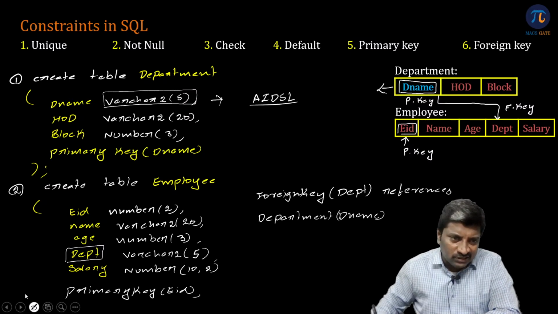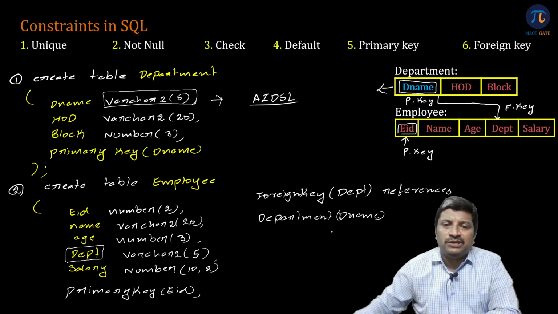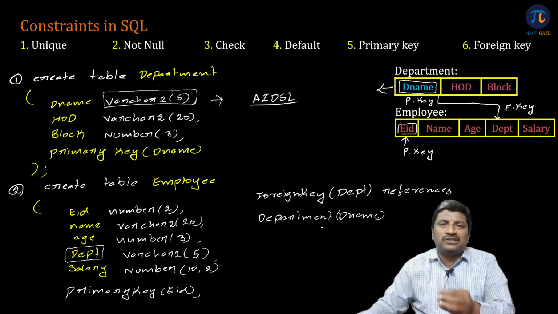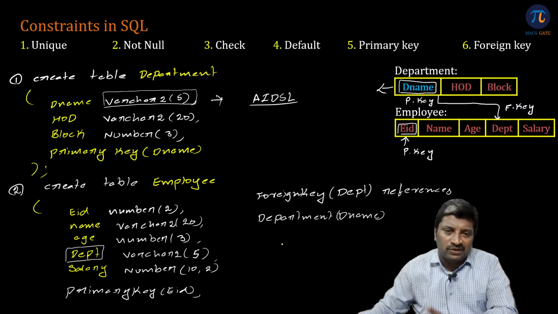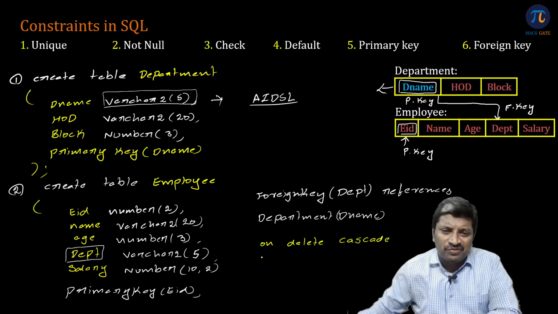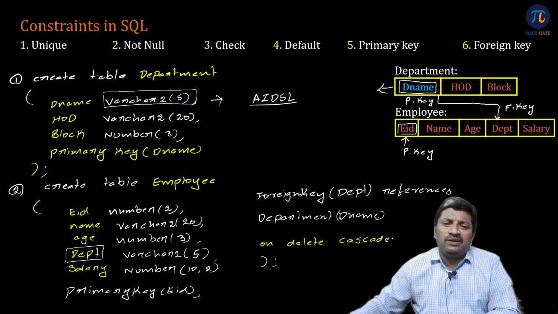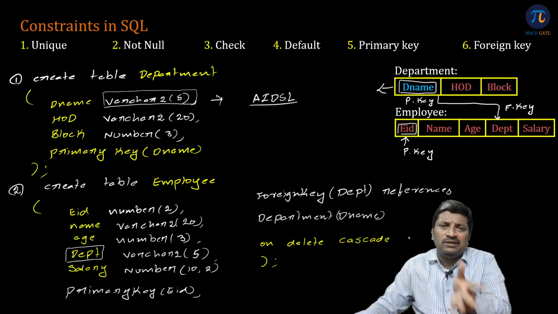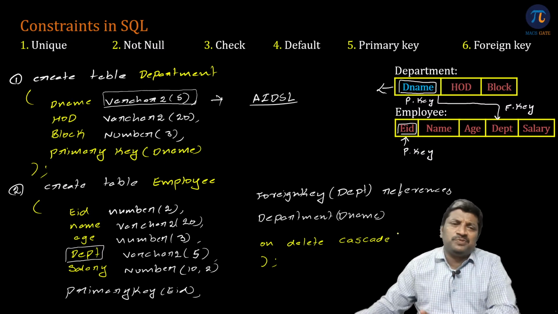When we were discussing relational constraints, I told you on delete cascade, on delete set null, like that, right? So you can specify here on delete cascade. That depends on our requirements, sir. You can specify on delete cascade, on delete set null, or on update as well.